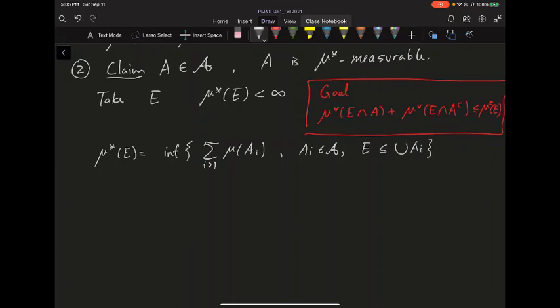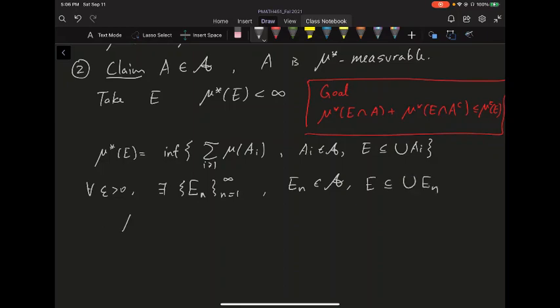This is the definition. So because mu star of E is this infimum, we can always pick something that's close enough to this infimum. So let's take any epsilon greater than 0. Then I can find some cover, let's call it En, going from 1 to infinity. Here each En is an algebra element, and E is contained in the union of these En.